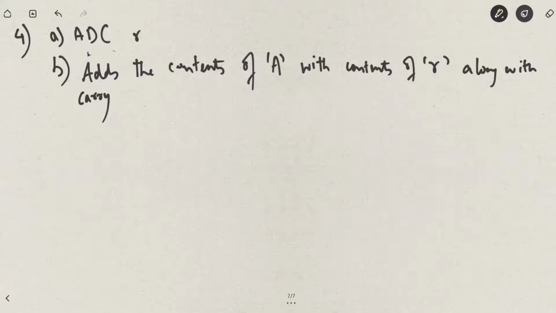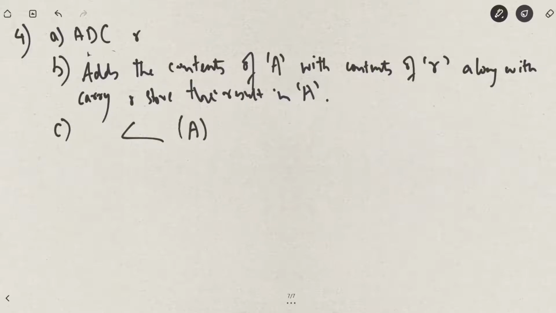Fine. So carry will also be added, and store the result in the accumulator itself. So what does this do? It adds the contents of accumulator with the contents of the register, and depending upon the carry flag, whether the carry flag previously was carrying any carry or not, that will also be added, and all of this will be stored in the accumulator.